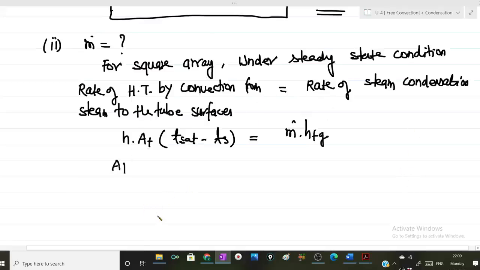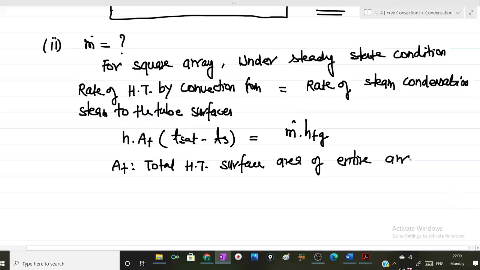Here AT is total heat transfer surface area of entire array, and this will be given by total number of tubes into surface area of one tube, that is L square into pi d L.